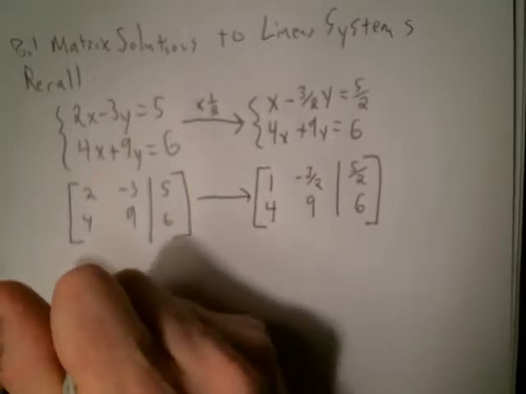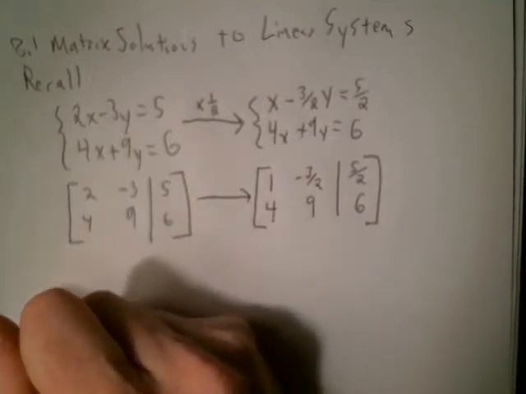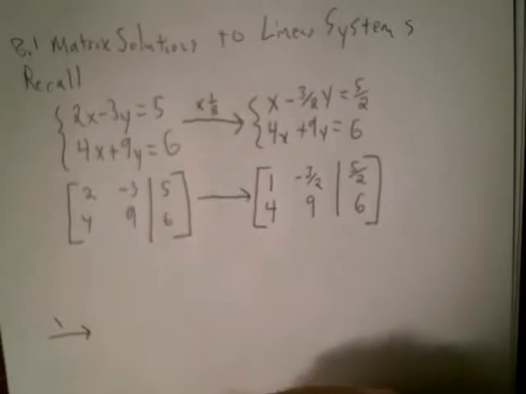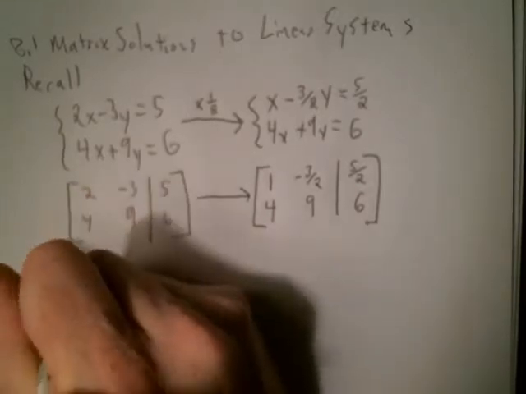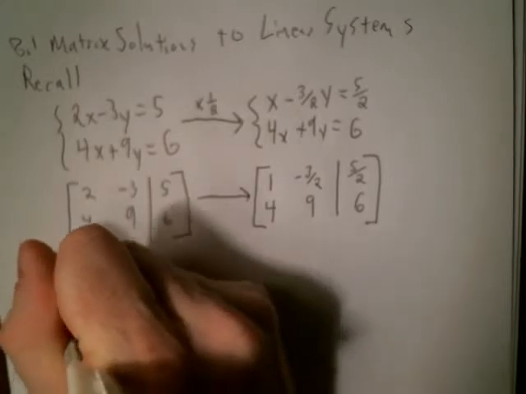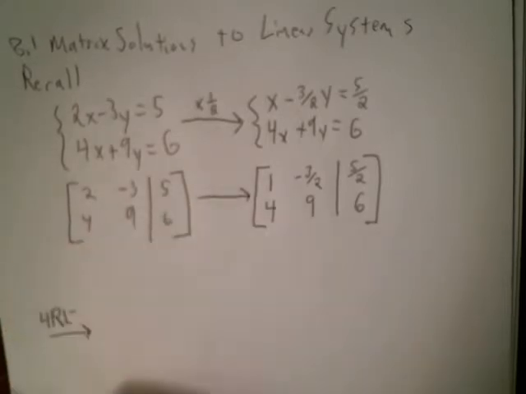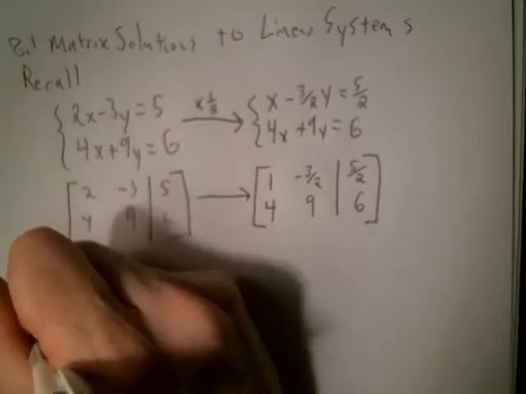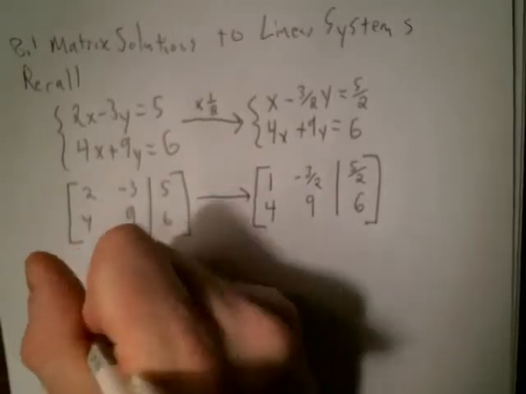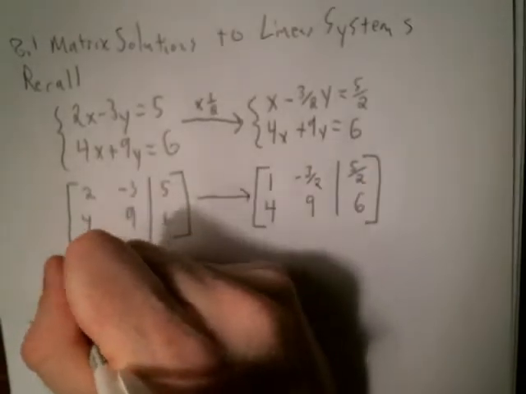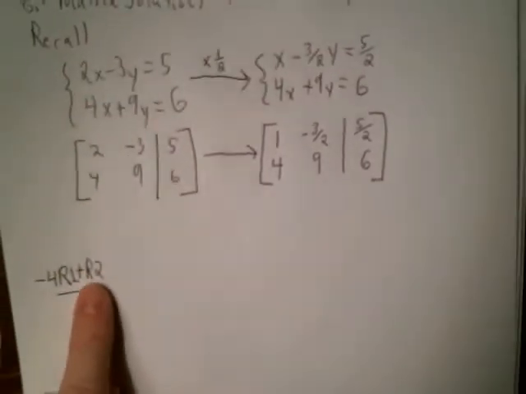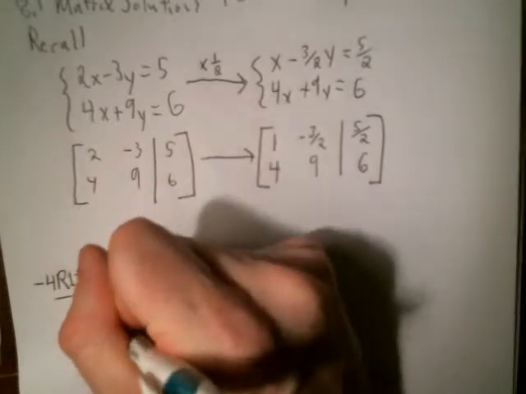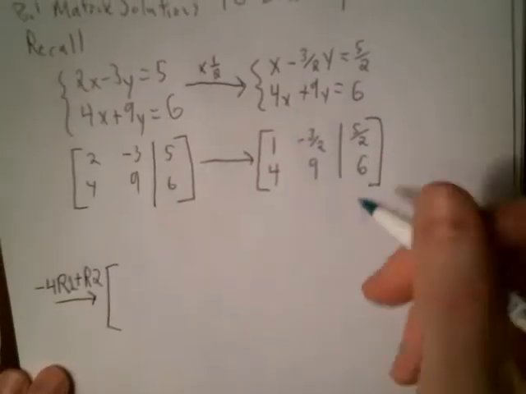I'm going to multiply the first row by negative 4, and we'll have a special way of notating all this. So it's going to be negative 4 times row 1, and then we're adding it to row 2. And row 2 is where we're putting the results. So we're storing the results just like a computer might store information.